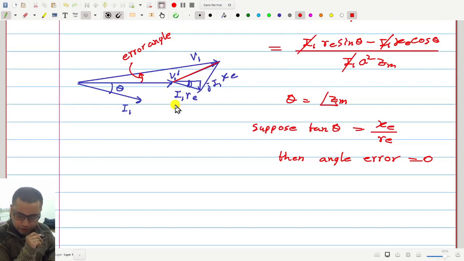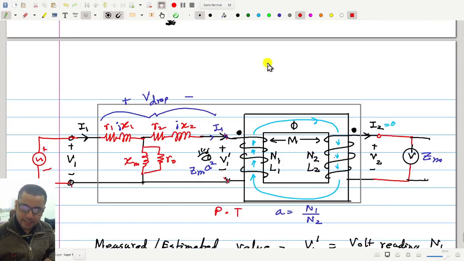You can see that yourself also. But there is one point I would like to mention: depending on the angle of this voltmeter, we can get the phase angle error, and therefore there is a concept of impedance matching. For a particular impedance angle of the meter, we will get minimum error in the phase angle. Phase angle error is more important when we are using this for power measurement, for example.